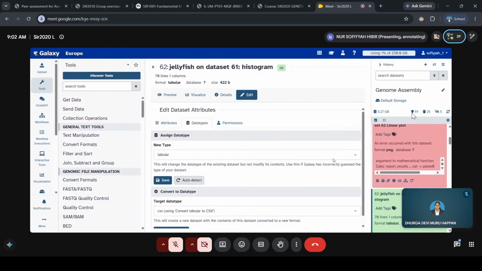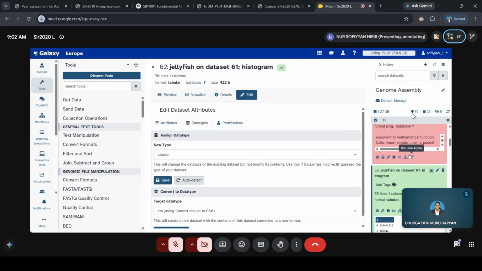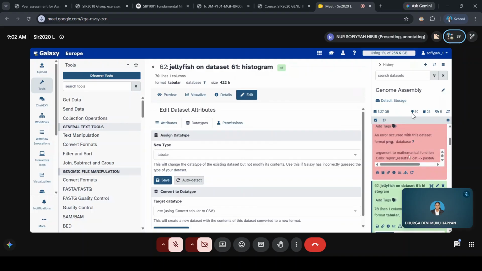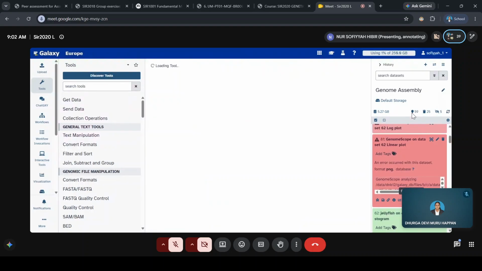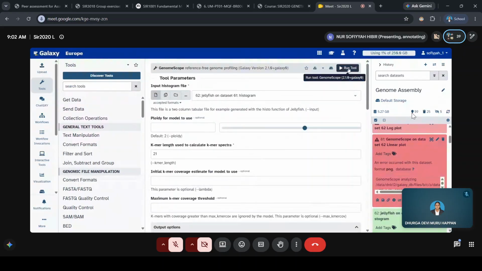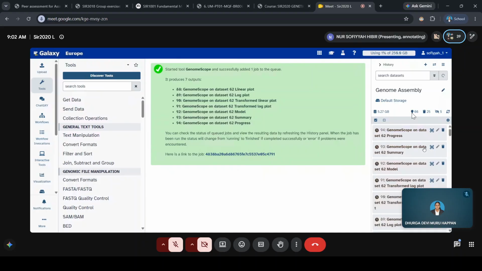Okay. Can you go to the run again button? Press run again. Yeah, this one I want to see. For the jellyfish or for this? Genoscope. Yeah, this one, yes. So the histogram is correct. No, I don't want you to press run.